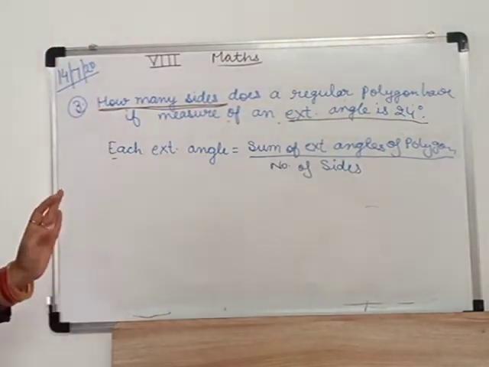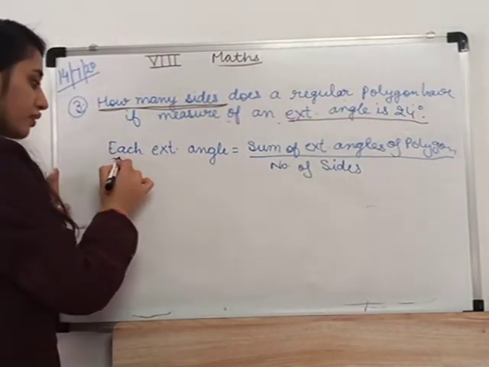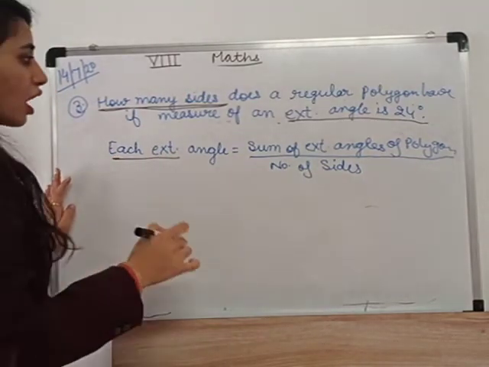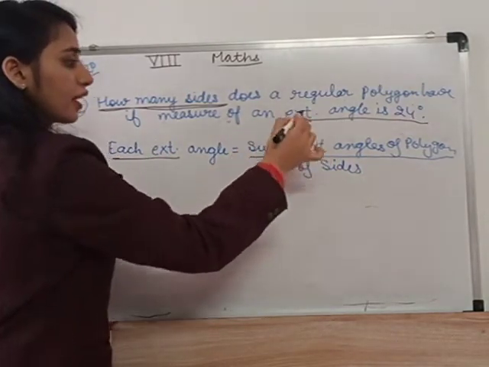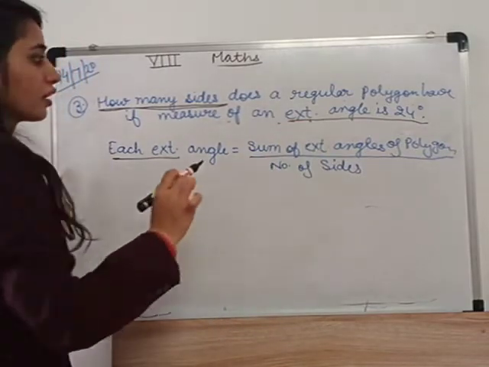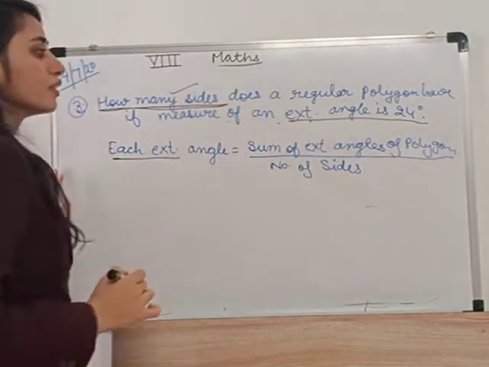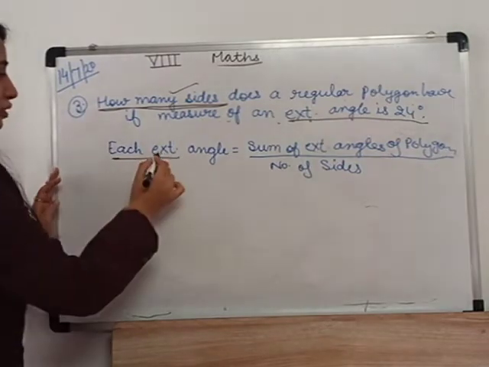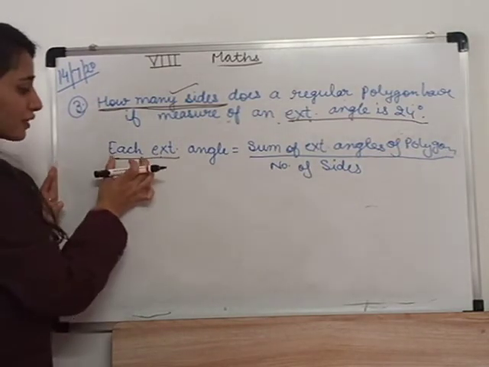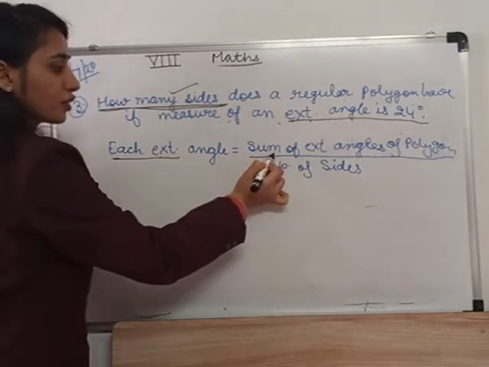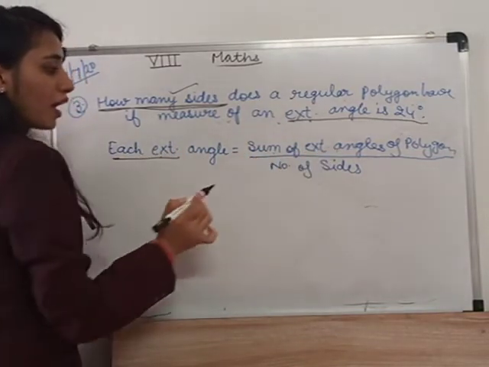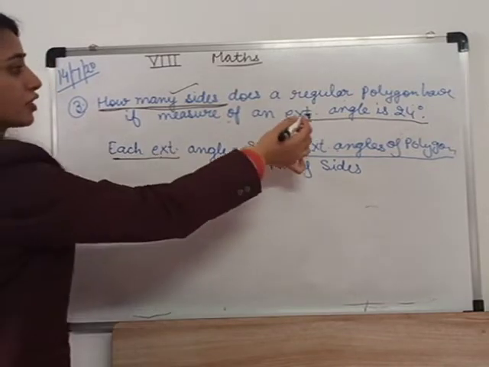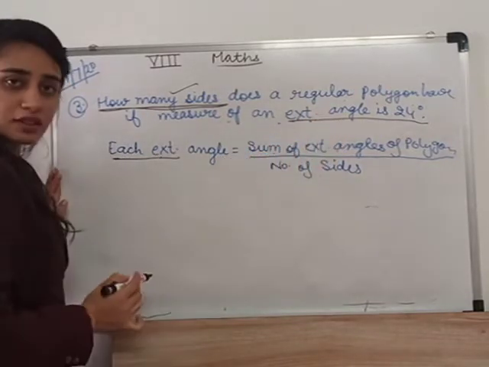In the previous question we had to find the exterior angle; now in this question the exterior angle is already given and we have to find the number of sides. We can find it by using the same formula: each exterior angle is equal to the sum of exterior angles of the polygon divided by the number of sides. In this we put the statement of this question, exterior angle is 24.